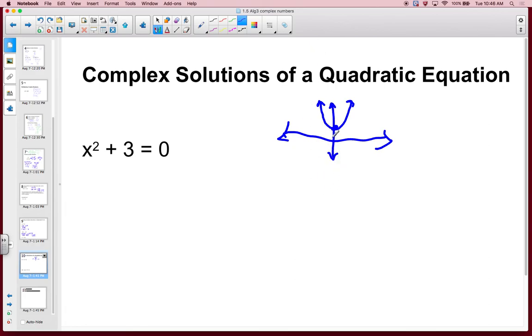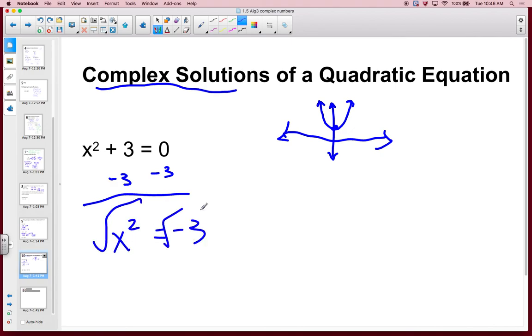So it's going up 3 units, and therefore, if it's not crossing your x-axis, you're going to come out with a complex solution for your answer. So if I subtract 3 here, this will be x squared equals a negative 3. Taking the square root of both sides here, I get plus or minus i square root of 3.